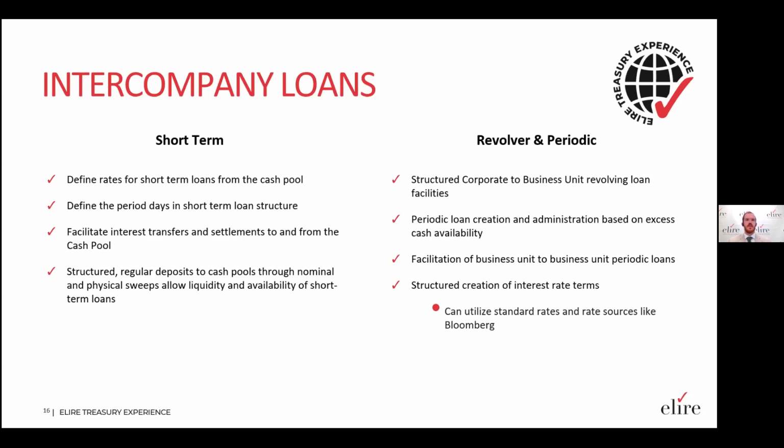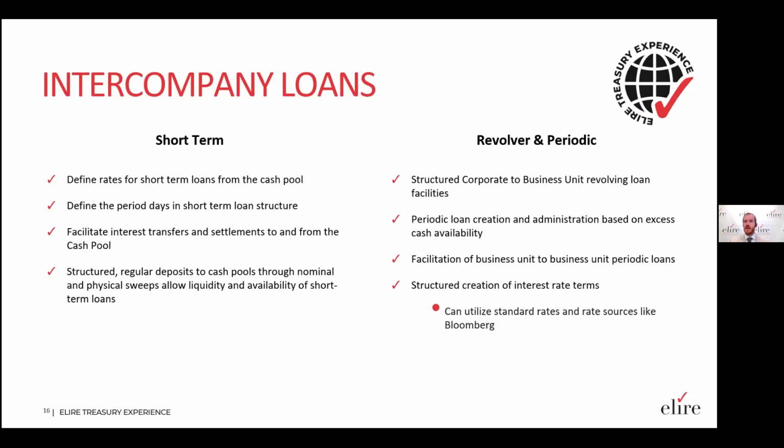And then it allows us to set up very nicely to take a look at whether we should institute a revolving credit facility for any particular company, or maybe even a periodic loan structure, so that we can structure all of these material items through the in-house bank to see what sort of position, not only in cash, that every company or business unit has, but also their debt position. What sort of ratio do they have in terms of debt to cash, or their quick ratio, or whatever you might want to slice it up into.